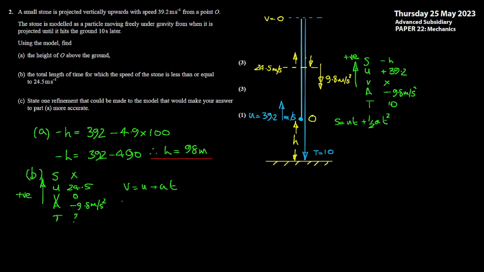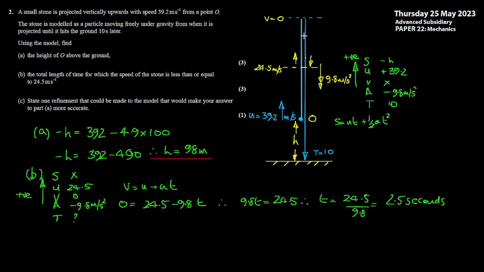Filling in the blanks, we get 0 is equal to 24.5 plus, well, let's write minus 9.8 multiplied by t. So therefore 9.8t is equal to 24.5, and therefore t is equal to 24.5 divided by 9.8, and this turns out to be 2.5 seconds.